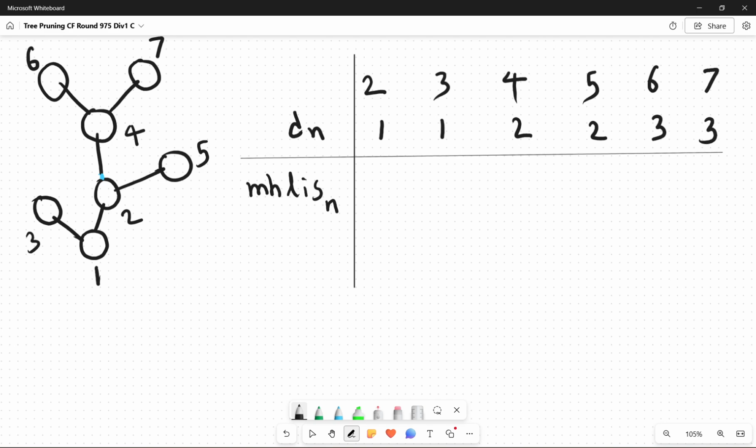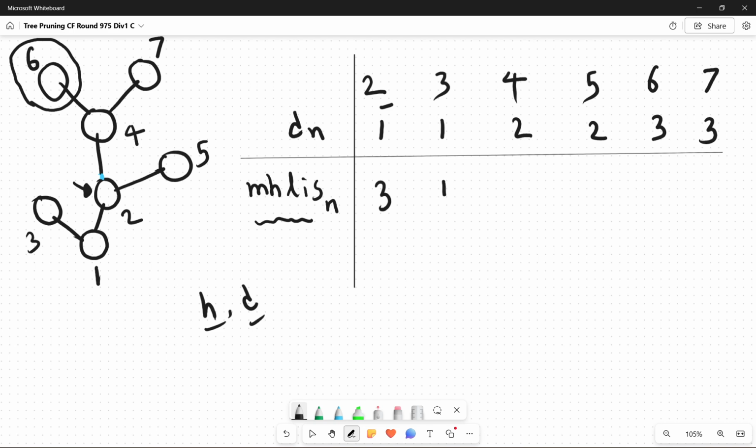And what about the maximum depth? Height or depth, however you want to perceive it. So mhlis for 2 is 3, right? Because this is the node with the maximum height in the subtree of 2.